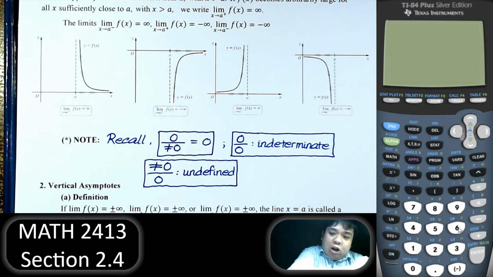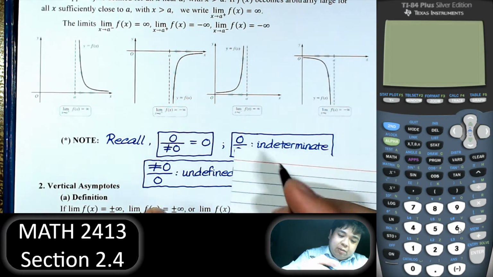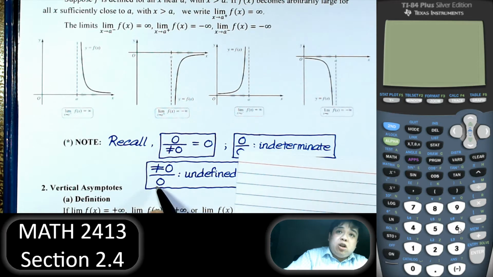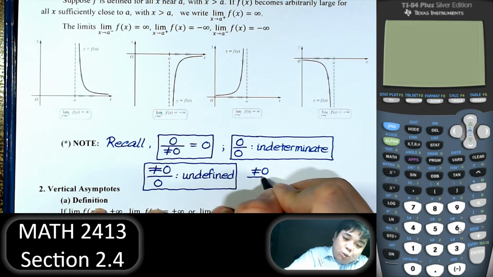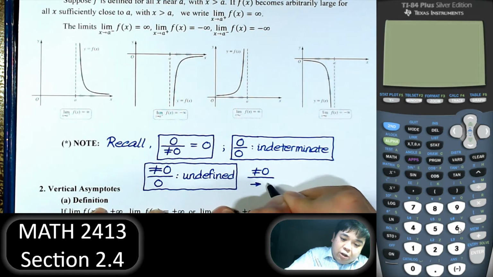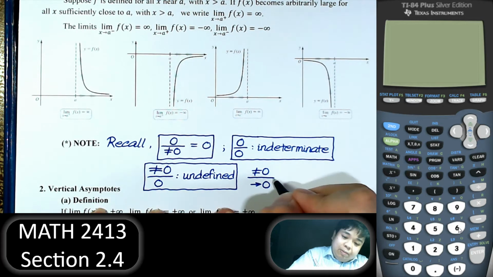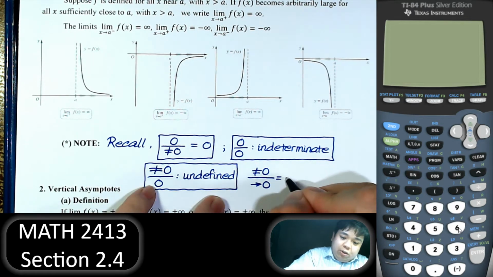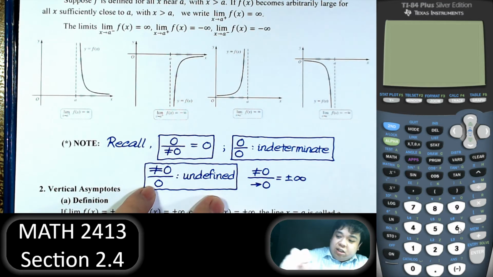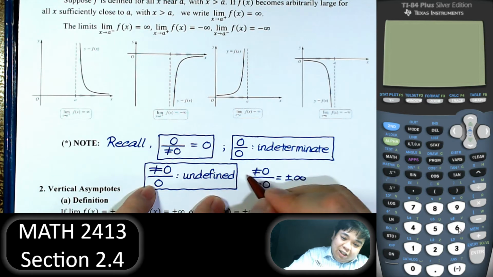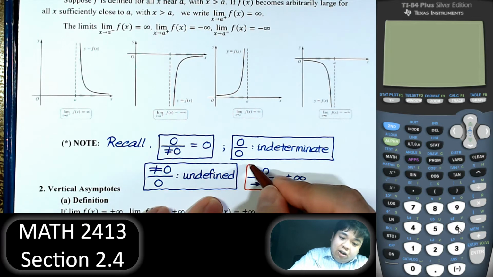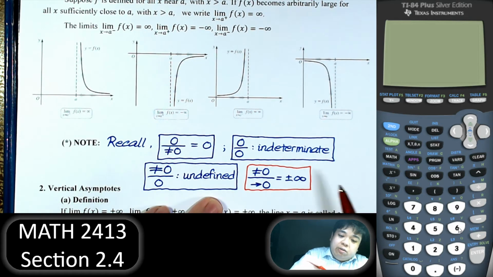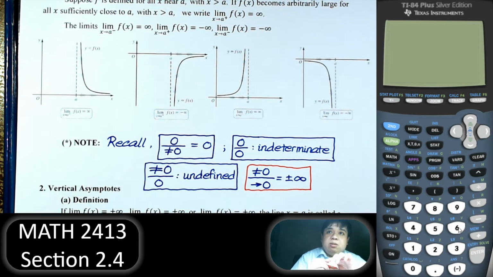If we have something not equal to 0 divided by something that goes to 0, so we focus on a numerator not equal to 0 but a denominator approaching 0, then this will be equal to plus or minus infinity. This is the new thing compared to what we had earlier. Those two are not different: it's undefined. This plus or minus infinity is considered does not exist or undefined.